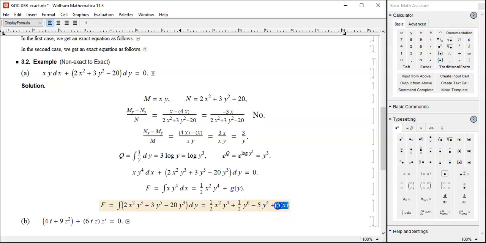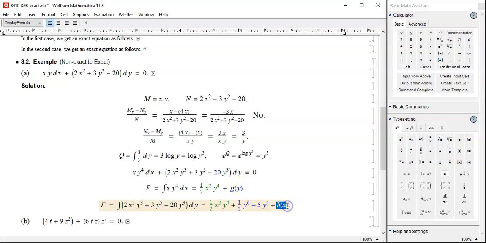And comparing these, are you going to get something? I hope so. Let's see, this one's common. That one's common. And these are functions of y only. Oh, it is working out.